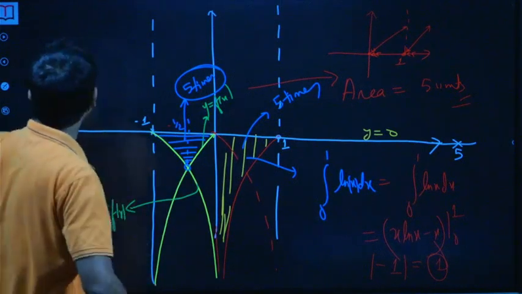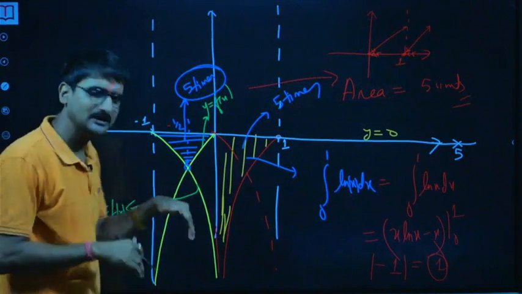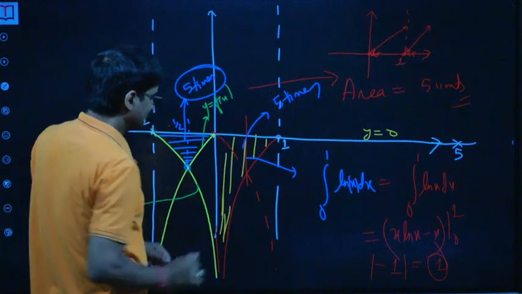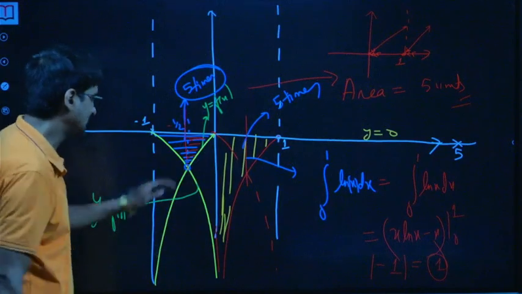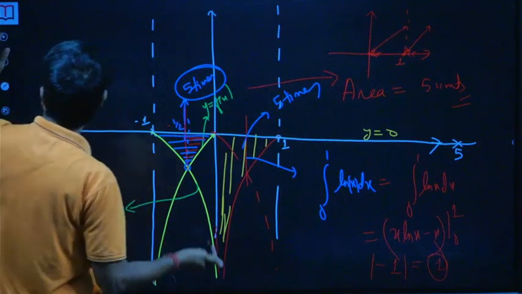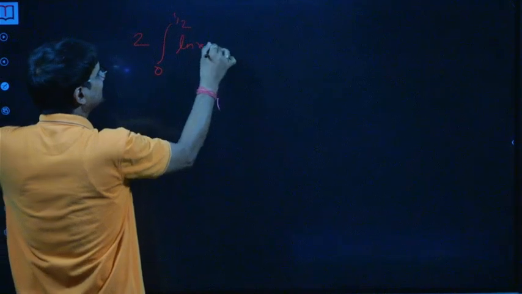Isn't that so? One more thing, again it's symmetric. So if I just calculate this area and take it twice, I think it will be fine, isn't that so? So it's 0 to half, twice of ln x.